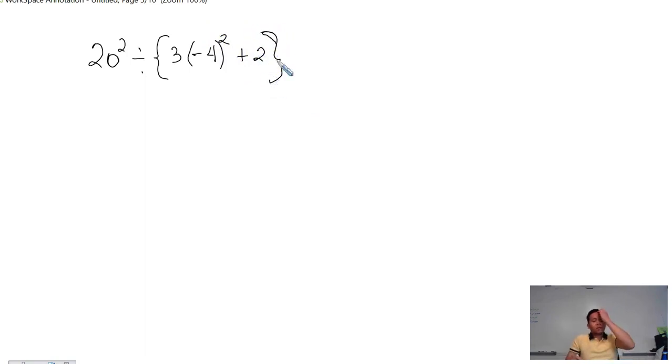Using our memory aid, PEMDAS, we have to make sure that we know the principle on this one.